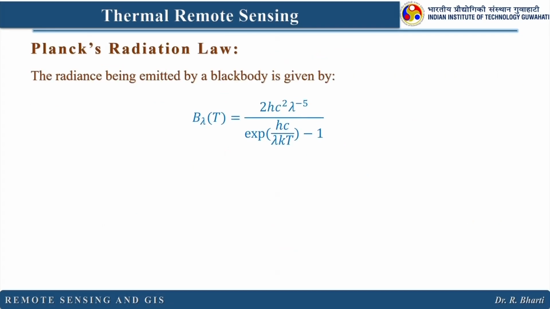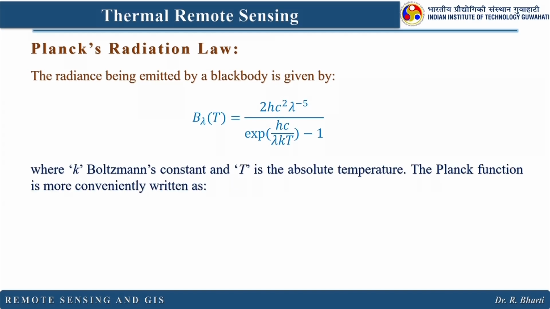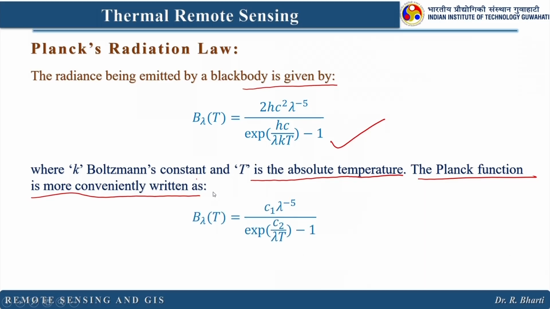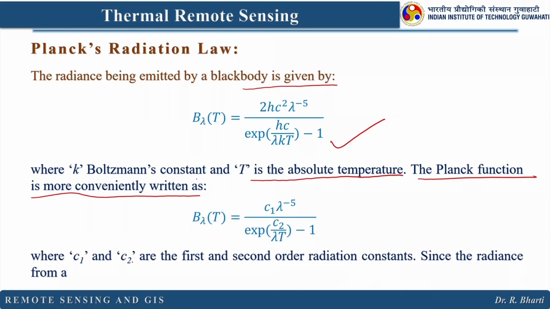Then the next one is Planck's radiation law. The radiance being emitted by a black body is given by this formula, where K is the Boltzmann constant and T is the absolute temperature. The Planck function is more conveniently written as this, where C1 and C2 are basically the first and second order radiation constants, right.